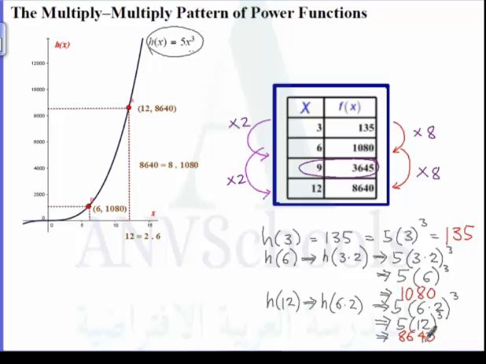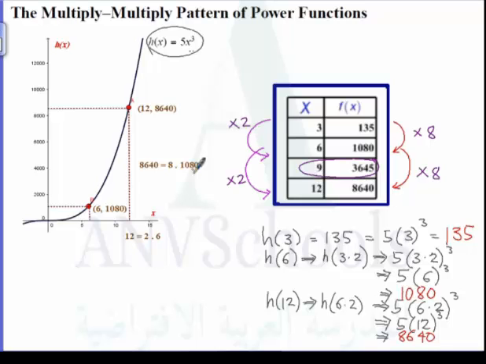So do you notice any pattern here? Each of the x is multiplied by 2, and this gives the relevant answers for each of the f of x values. So we have 135, 1080, and 8640. Let's take note that 8640 is just equal to 8 times 1080.